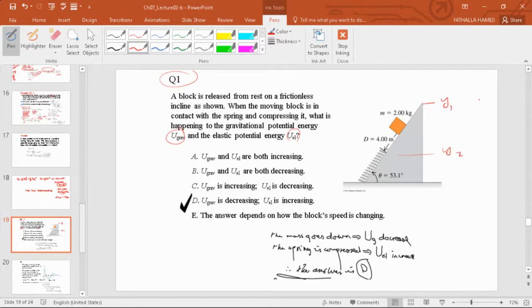You know that Y1 is greater than Y2, and gravitational potential energy is defined as m g y. So what happens here? We say that the gravitational potential energy is going to decrease.